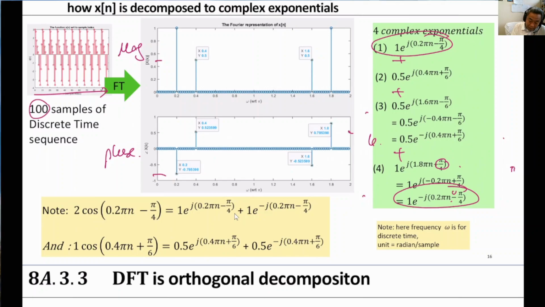And what about the other one? This term 0.5 at 0.4 pi radian with this phase shift of pi over 6, as well as this other guy 0.5 at minus 0.4 pi minus pi over 6. I can collect this term as well. And it will reveal that, hey, I have 1 cosine at this frequency with phase shift of pi over 6.